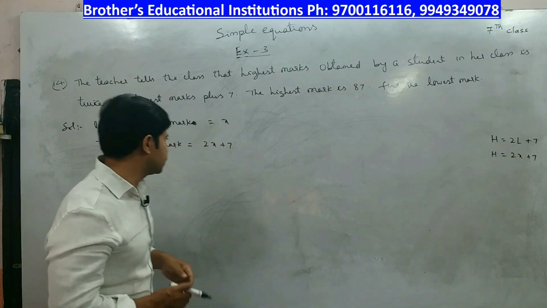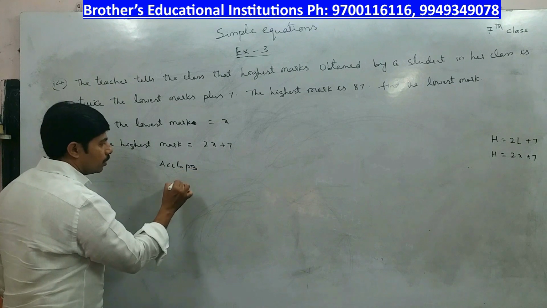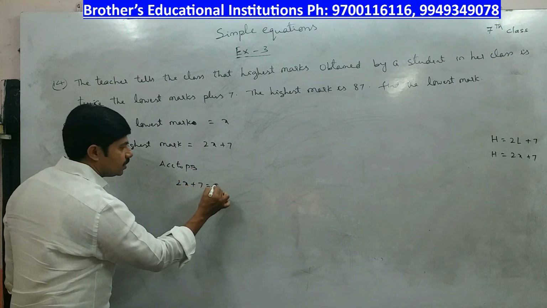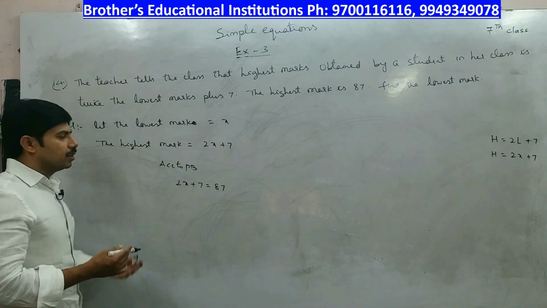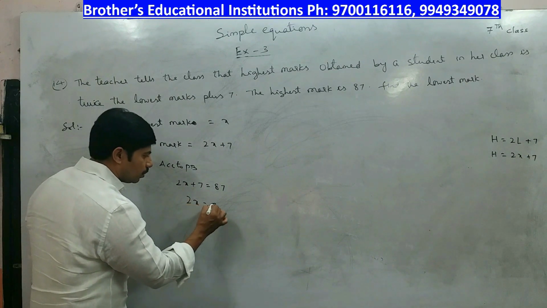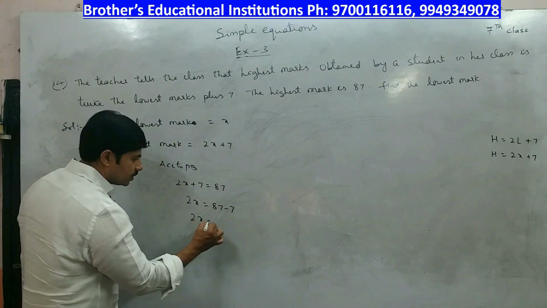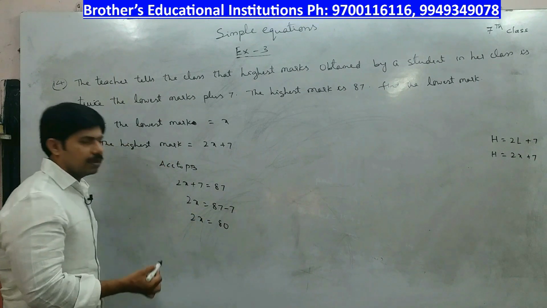So according to the problem, 2x plus 7 is equal to 87. So 2x is equal to 87 minus 7. 2x is equal to 80.